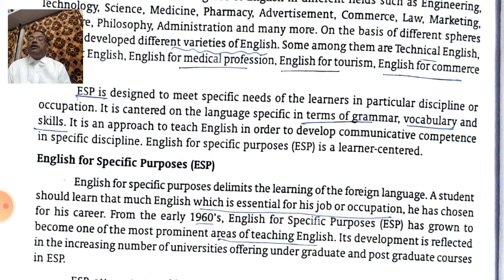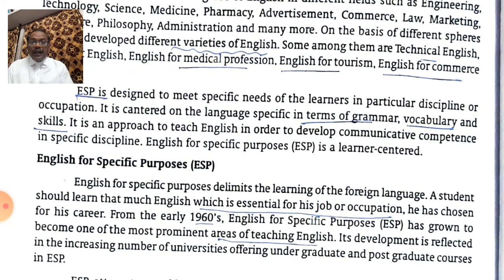Actually, we learn English to develop our communicative competence, and English for specific purposes is learner centered. Suppose some students are learning English.